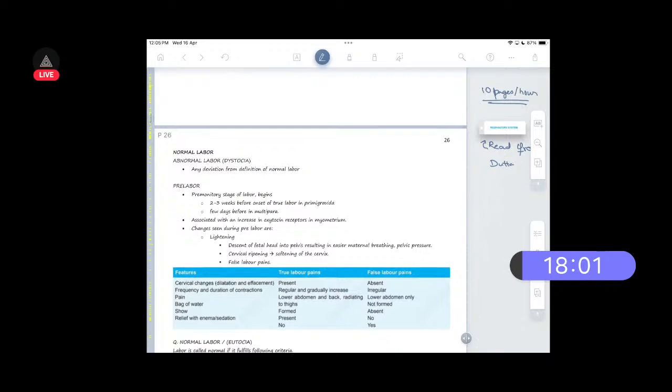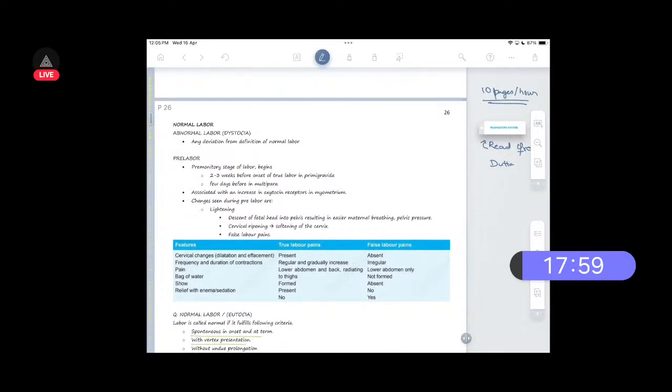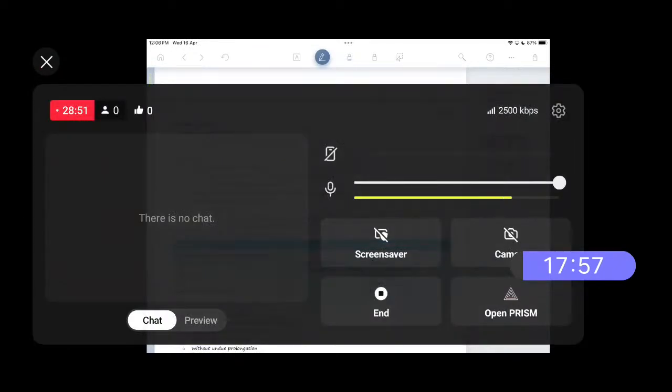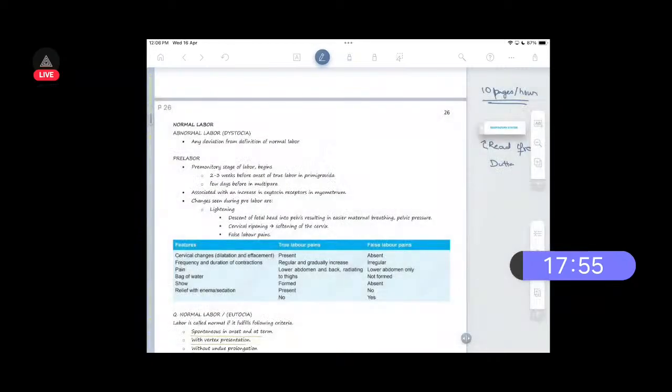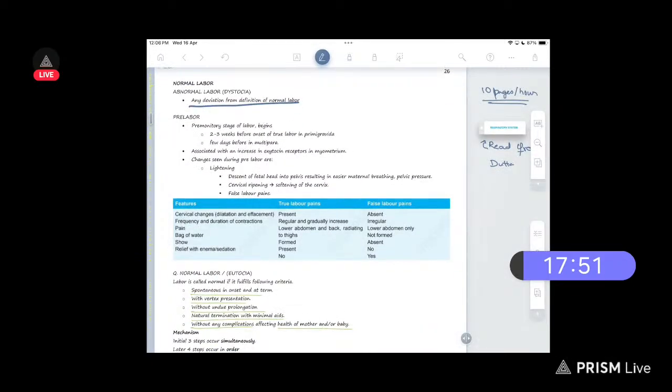So normal labor is fine. Before we talk about normal labor, we have to talk about abnormal labor. Any deviation from the definition of normal labor is abnormal labor, obviously. Then pre-labor is the premonitory stage of labor. It begins 2 to 3 weeks before onset of true labor in primigravida, and a few days before in multipara.